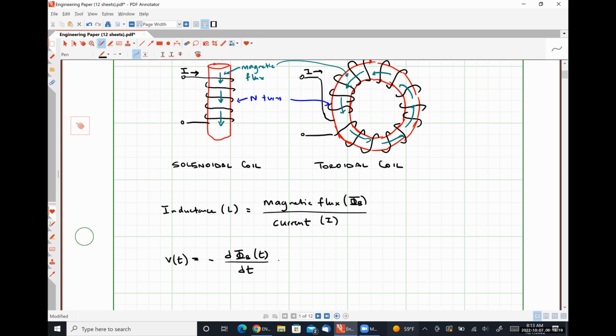And since we know that the flux is related to current by the inductance, this becomes L di by dt. So this is our first relationship. The voltage drop across an inductor is related to the derivative of the current flowing through the inductor multiplied by the inductance value. Okay.